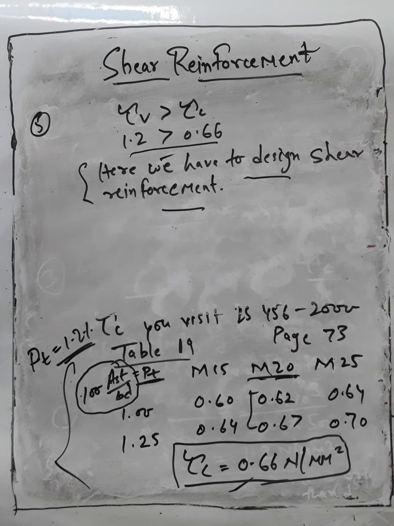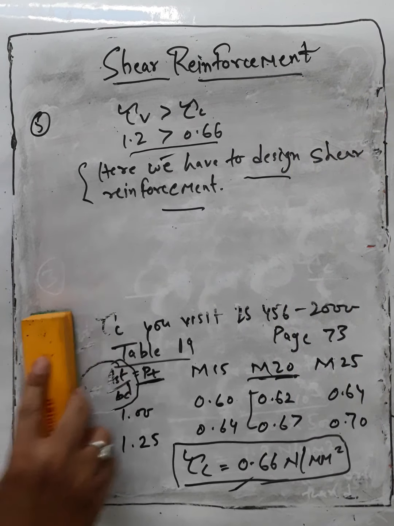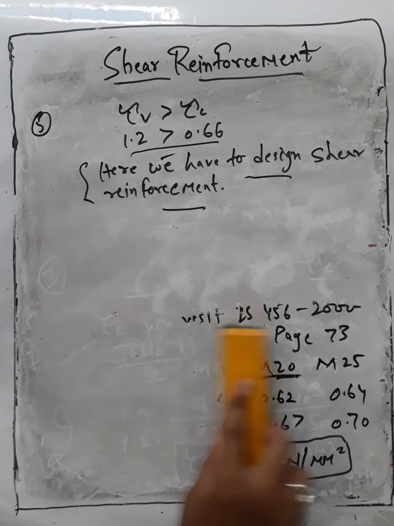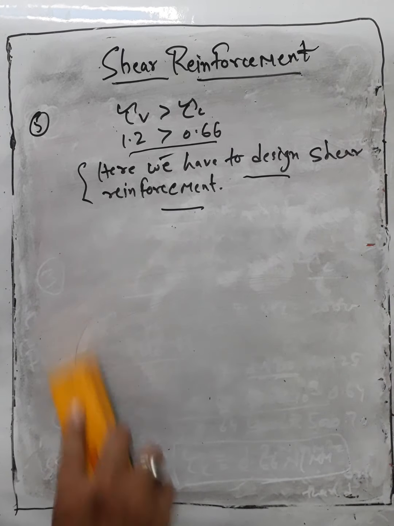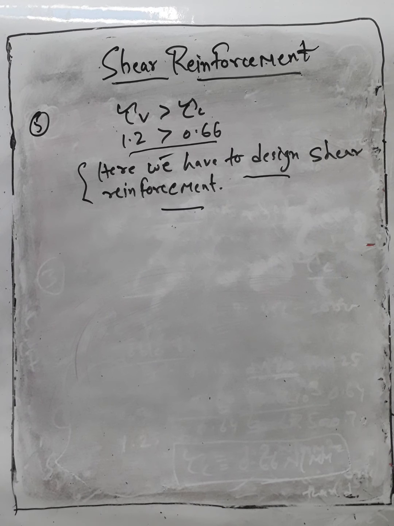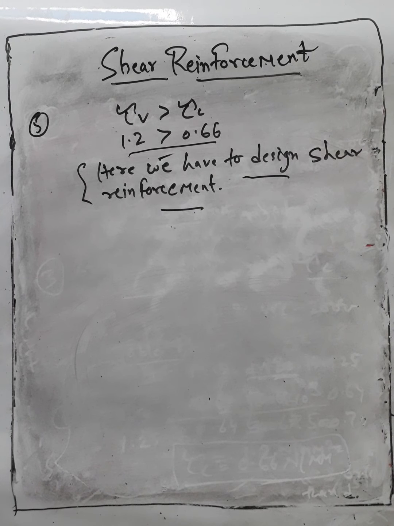In our question he already mentioned vertical stirrups, so we use the vertical stirrup formula. But before that, we have to find the strength, meaning for how much shear force we have to design the shear reinforcement.